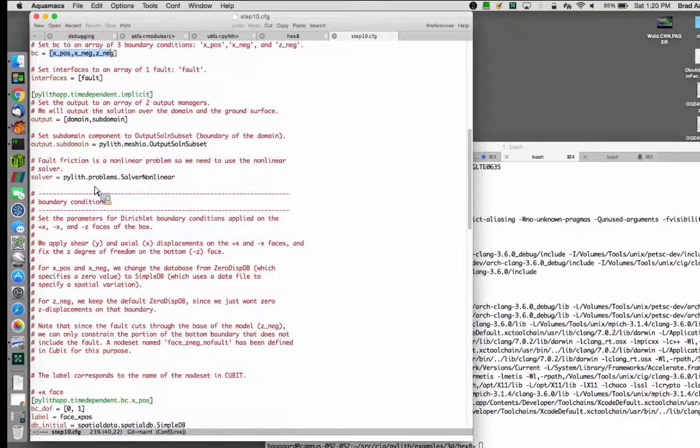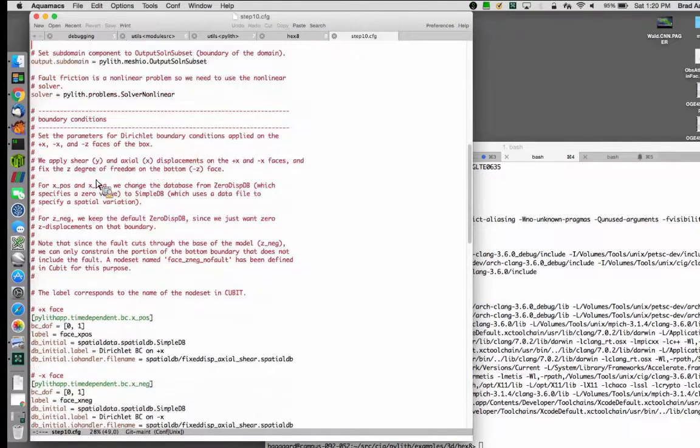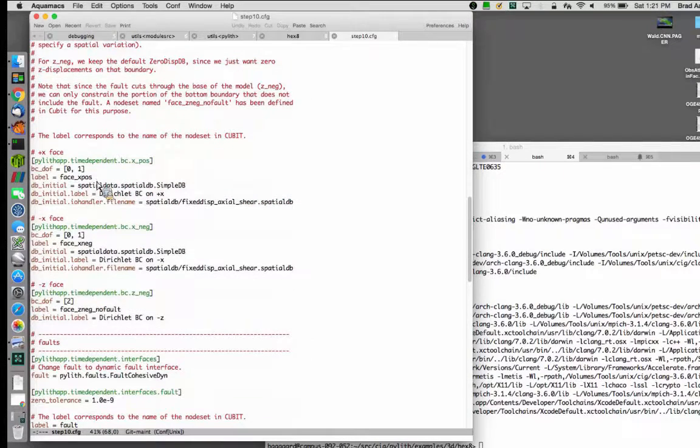Here we've switched the solver to the nonlinear solver. Up till now we've often used zero displacement boundary conditions. Here I'm using a simple database for the boundary conditions, called fixed displacement axial shear. I'm constraining the x and y degrees of freedom on the positive faces, z on the bottom.